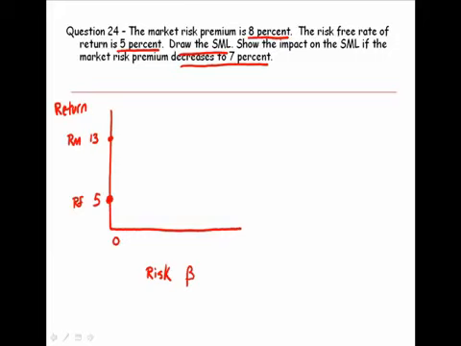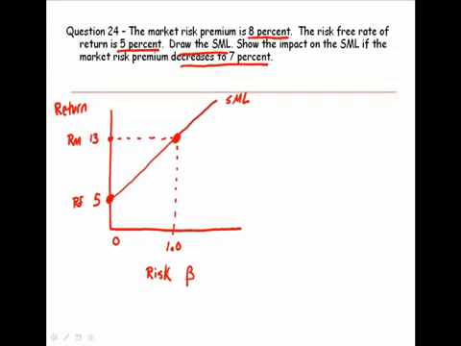We know that the market return corresponds to a beta of 1.0 because the market has a beta of 1. And so if we plot as best we can, we have our 2 points. We can connect our dots, and that gives us what's called the security market line.